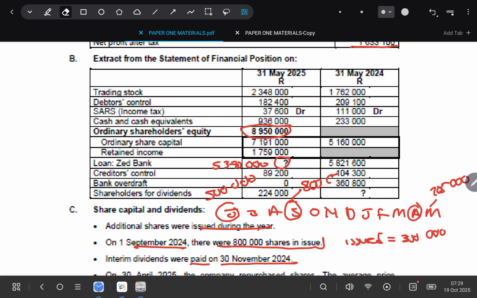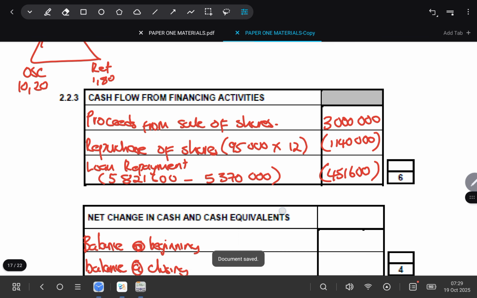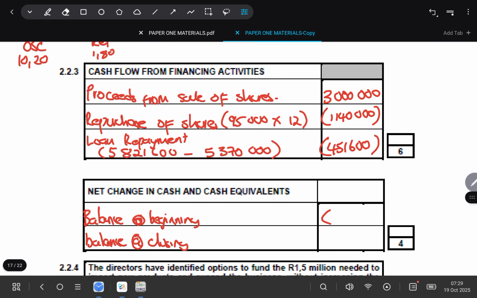of 360,800. So we need to get the difference between cash and cash equivalents, this 233,000, and this 360,800. But you can already see that the bank overdraft is the greatest, so we would have an overdraft. So immediately you put the brackets because you are expecting an overdraft.